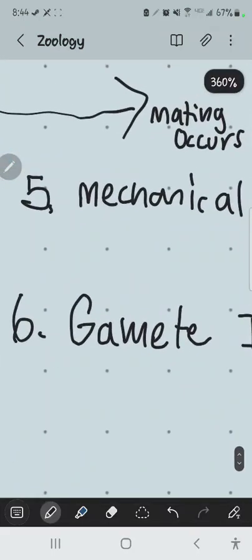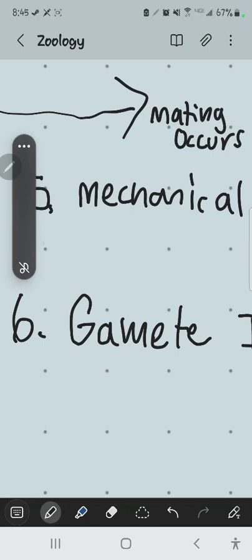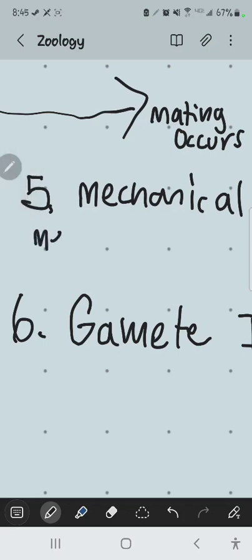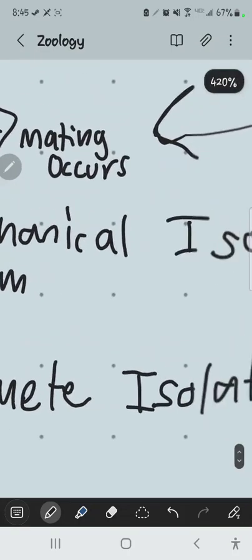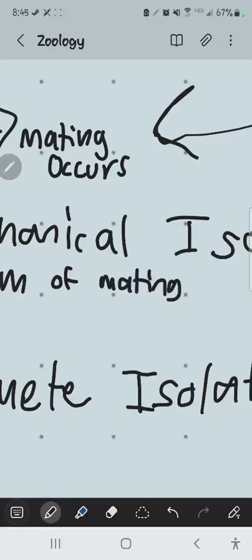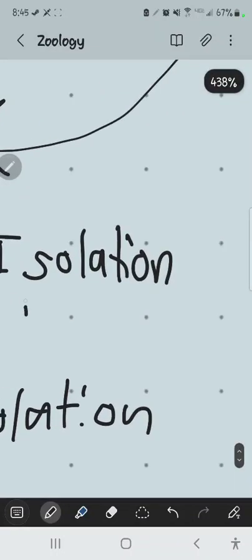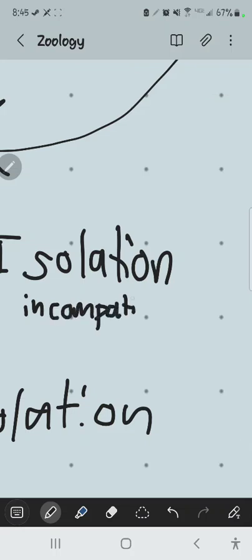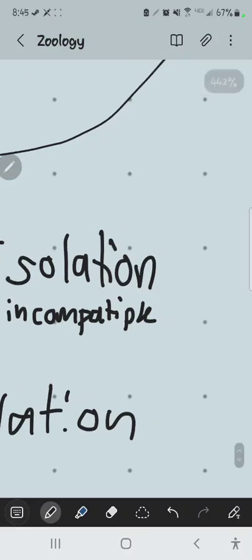So we have dragonfly mating claspers, where the male has to have the right shape of his grabbing mechanism in order to hold on to the female of the same species.